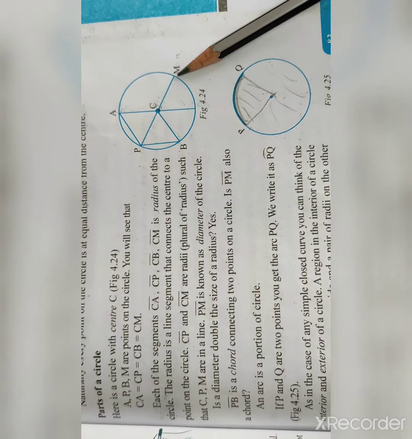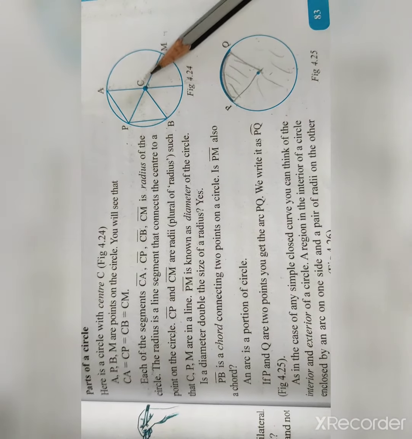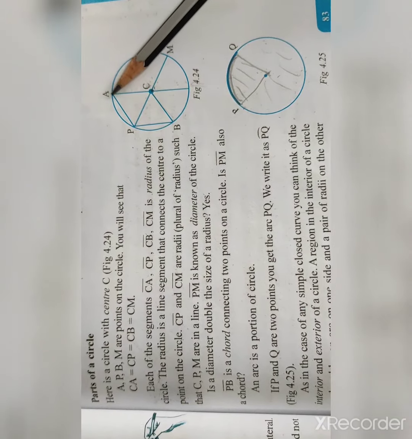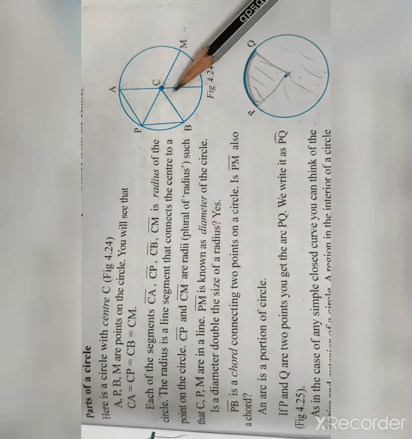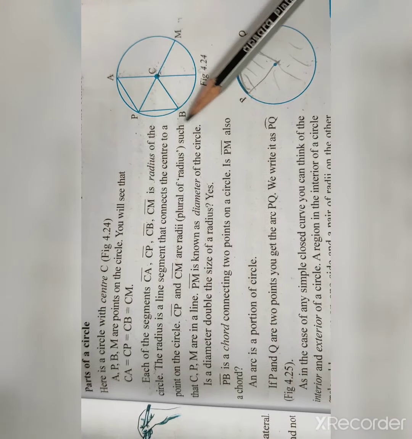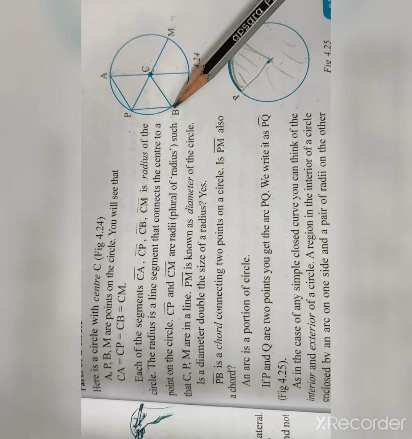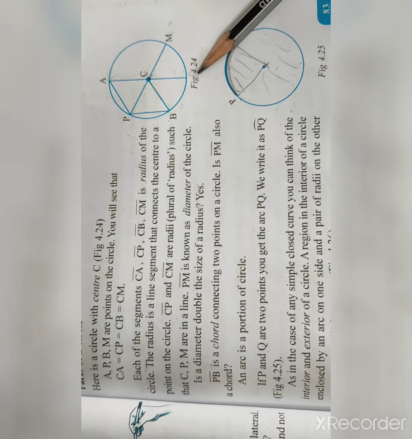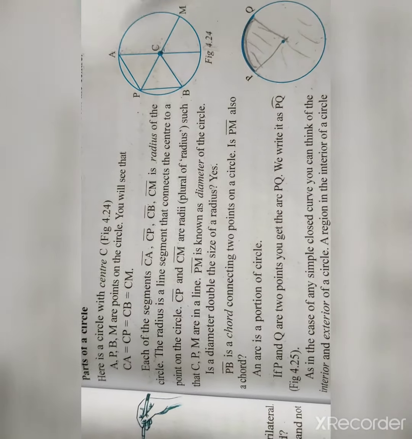Now join CA, a line segment from the initial point to the end point. I already explained that this distance from the center to the circle is the same everywhere. So CA is equal to CP is equal to CB, and if we take another point E, then CE and CM are all equal.